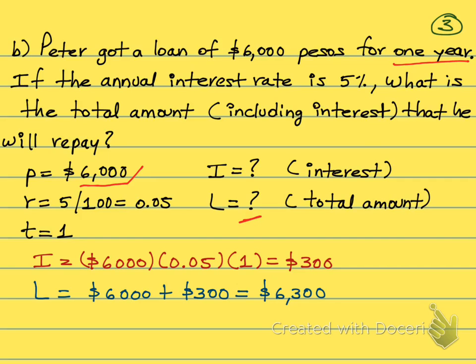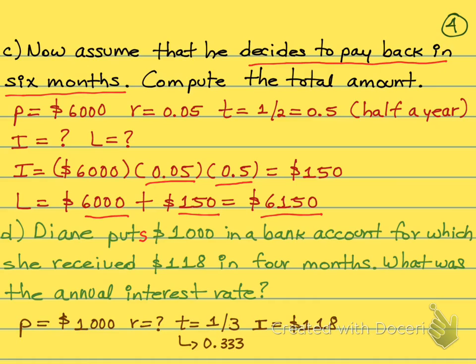I is unknown, and the loan amount is unknown. So the interest is simply 6,000 times 0.05 times 1, and that's 300. Okay, so the total amount would be the initial 6,000 plus interest, that is 300, and the total amount is 6,300. So that's an easy example.